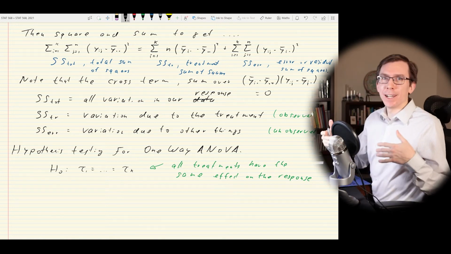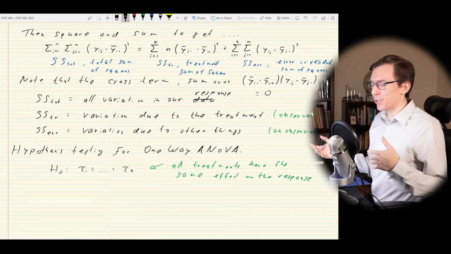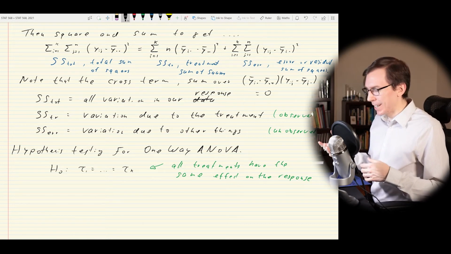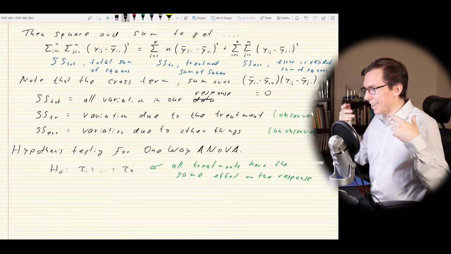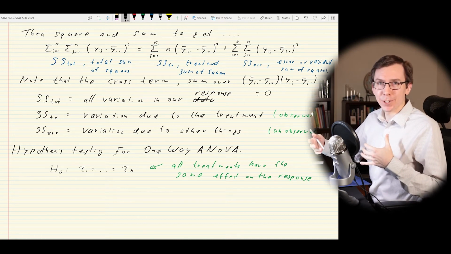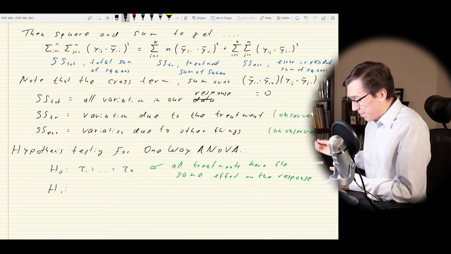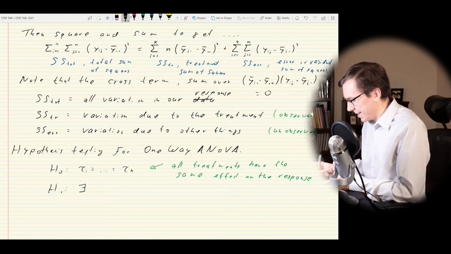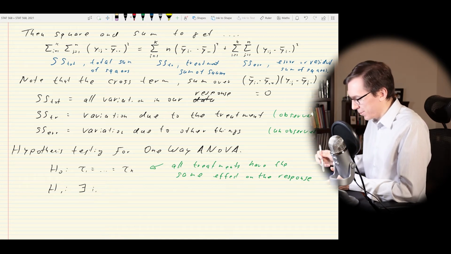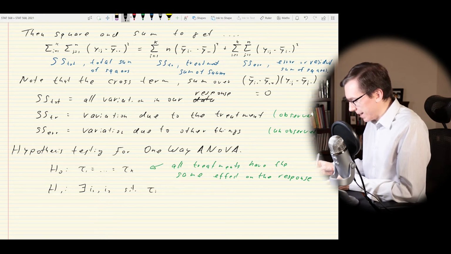So this would be the case where all of the different medicines I'm trying, all of the different fertilizers I'm trying, all of the different Canadian provinces have no effect on the response variable that we're trying to measure. The alternative hypothesis is that there exists, to be precise in the language, an i1 and an i2 such that tau i1 is not equal to tau i2.